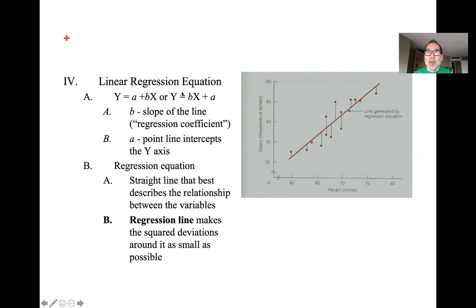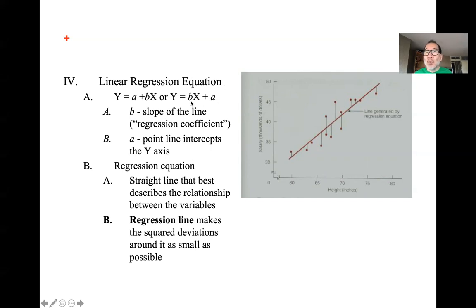So in order to predict a score, y is equal to the slope of the line times the score, plus a, or the y-intercept. So let's flesh that out a little further. If you were given x, you could predict y, but you would need this formula.